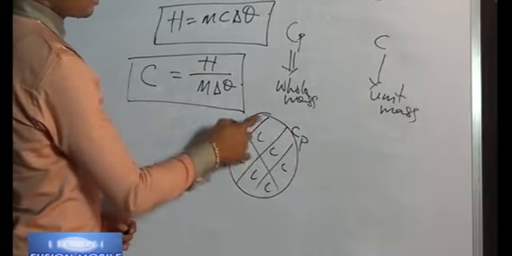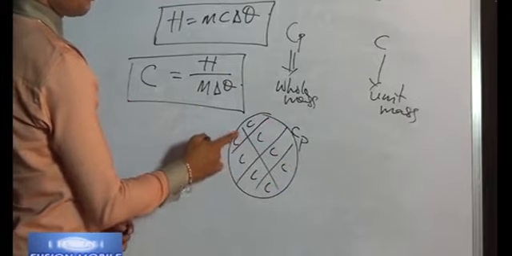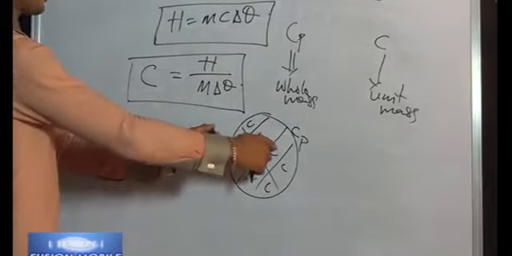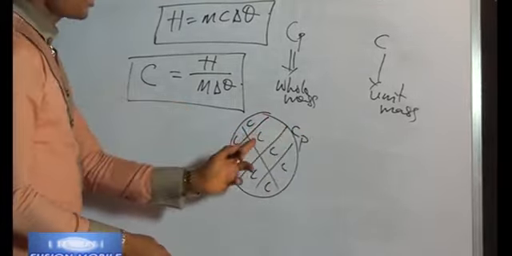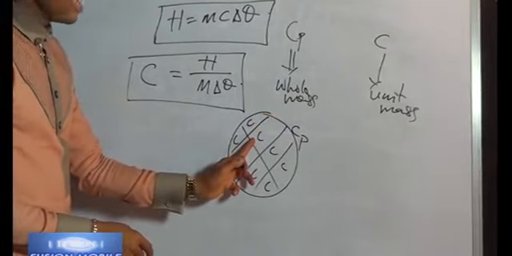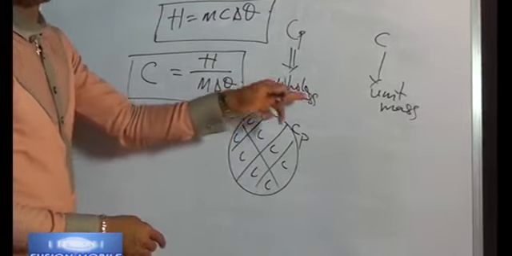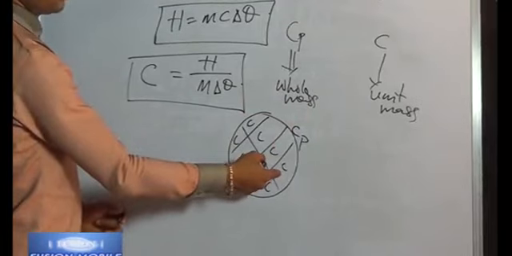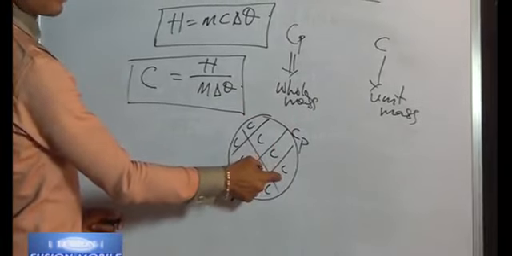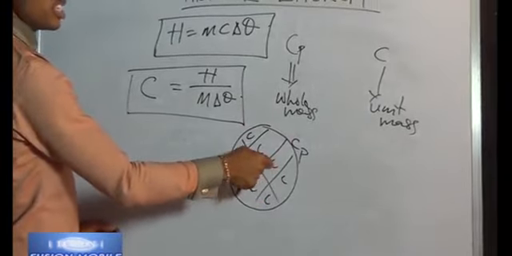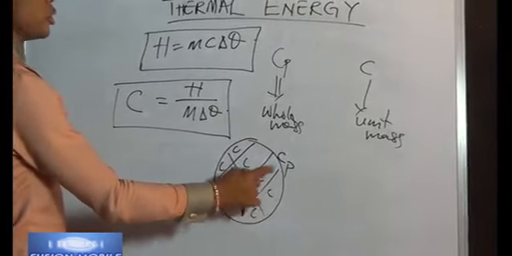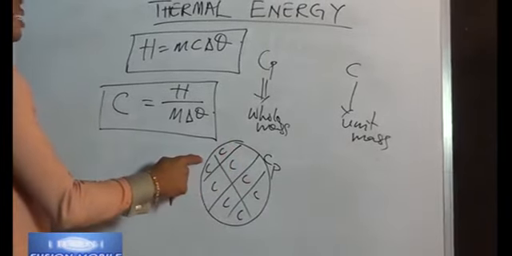If I check this now, 1, 2, 3, 4, 5, 6, 7, 8, we'll say that 8 C's is equal to Cp. You ask yourself, what is that 8? The 8 there simply means the mass of that body. Because if you look at it, this is C, a unit mass. This is another C, a unit mass. That means this is 1 kg, 2 kg, 3 kg, 4 kg, and that is 8 kg.